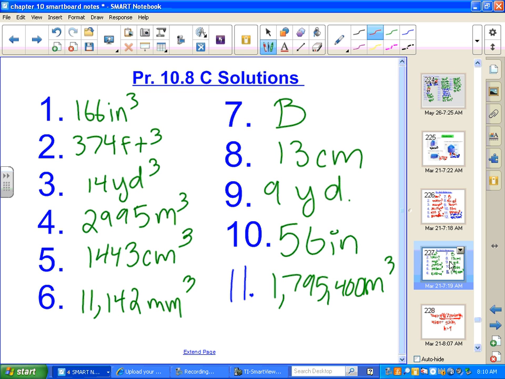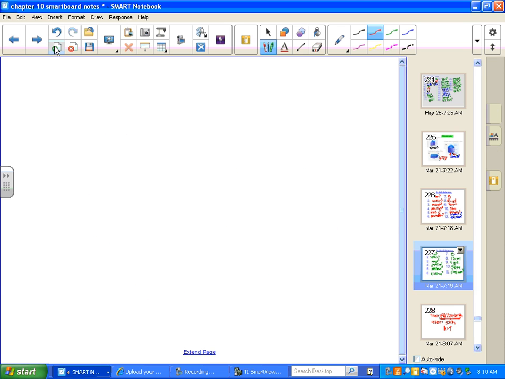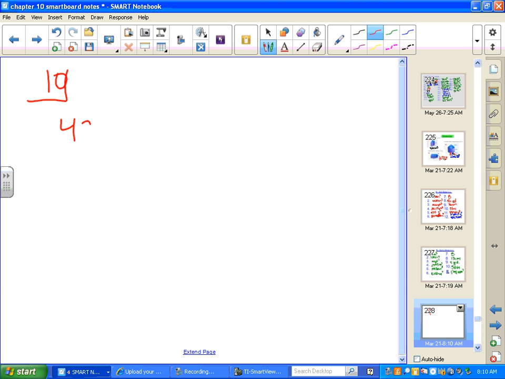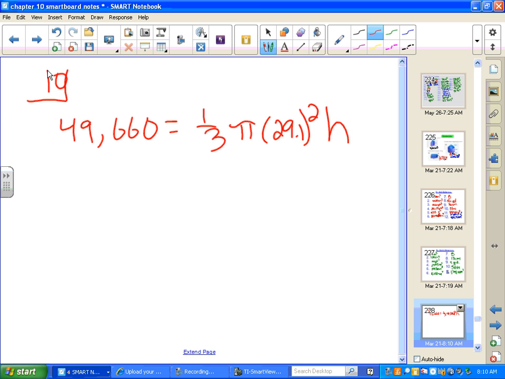Okay, if you show your work, Emma, that's extremely helpful. So number 10, you have 49,660 equals 1/3 times pi times 29.1 squared times h. So type all that in your calculator with me, but you use 3.14.